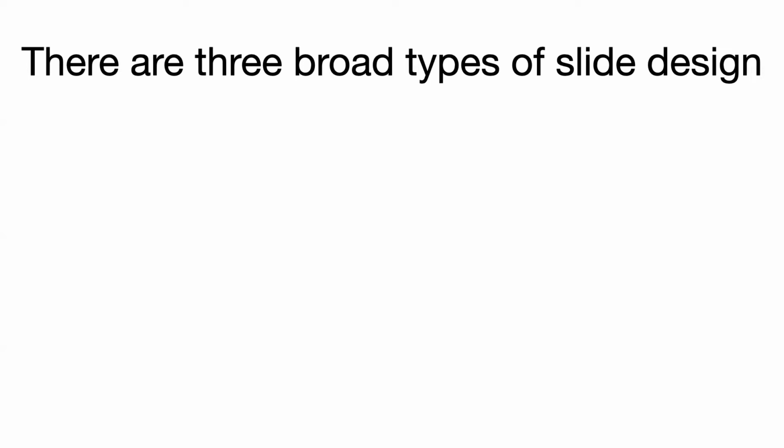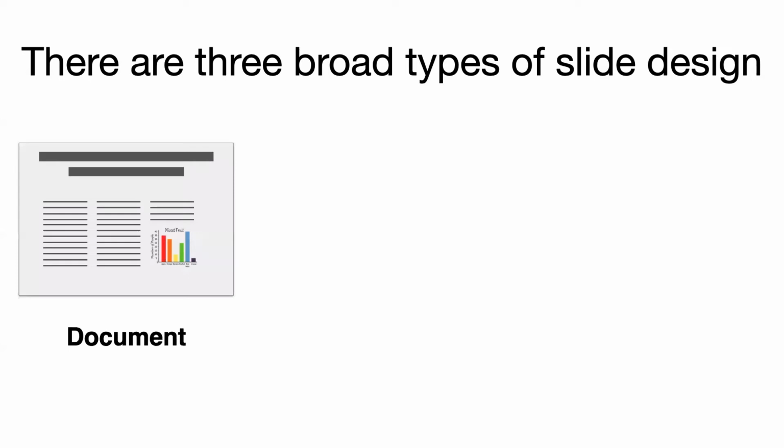The first is a document made in PowerPoint. It's mostly text, maybe with a little figure, and these can be great for handing out, if it's a live presentation, at the beginning as paper copies, or emailing before your presentation. It's a document meant to be read over at the leisure of the audience.